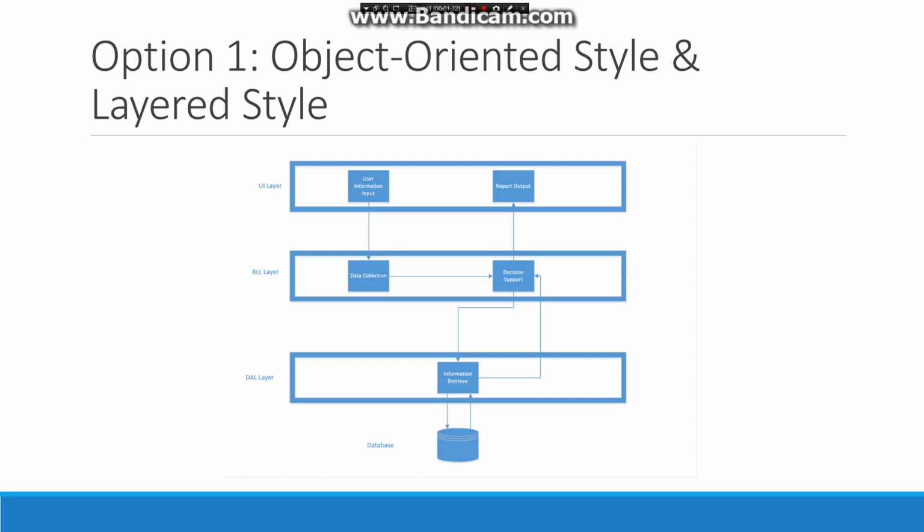In the UI layer, we track the user interface actions, like the user information input component and the report output of the results. In the middle layer, we use the data collection component and the decision support component.